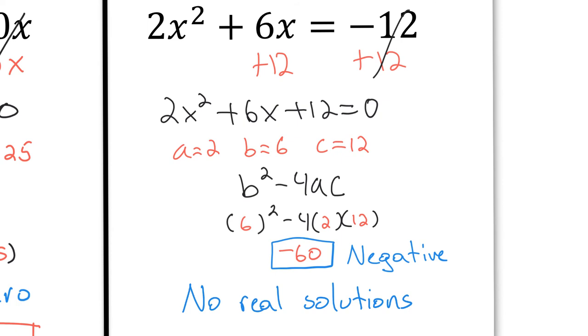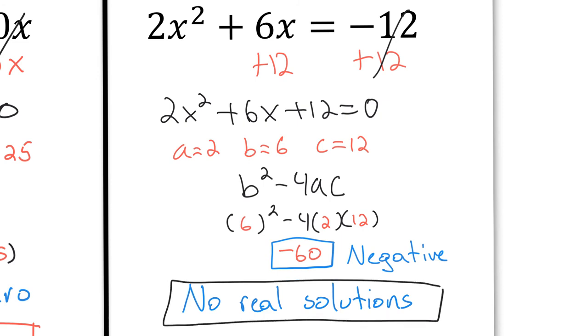So if we do not have real solutions, then we are going to have imaginary solutions. In Algebra 1, we don't work with imaginary solutions, but when you go to your upper level math, Algebra 2 and so on, you will learn about imaginary numbers and you will find those imaginary solutions. But for now, we're just going to say we do not have real solutions or no real solutions. You can say 0 real solutions, but no real solutions is fine.